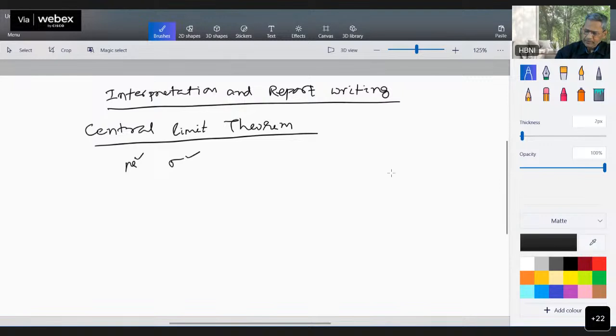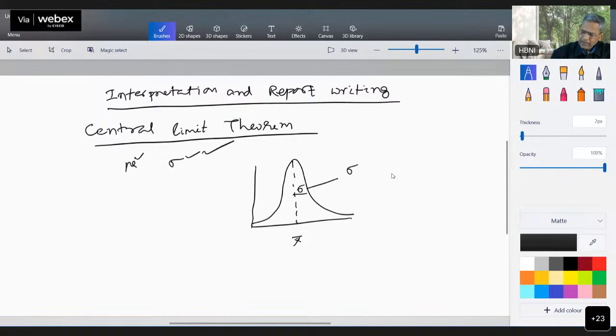And then if you plot that, what we are trying to plot is the mean value for the multiple samples we have studied. That will follow a normal distribution with a sigma, which is the population sigma divided by root n, where n is the number of samples you have included in your study.